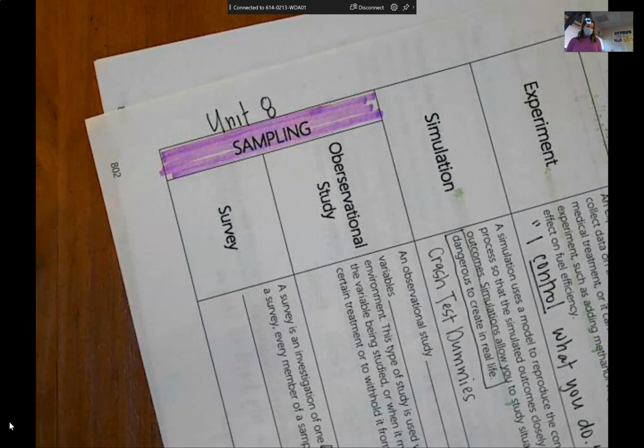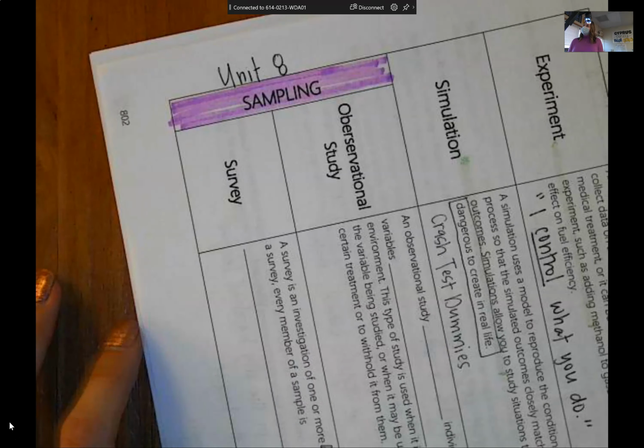So this, once again, is Unit 8. Unit 8 is sampling. So I'm just highlighting this box for myself, and reminding myself that this is what the focus is for this smaller unit that we're doing.